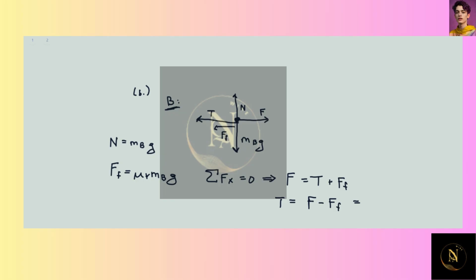Now we can plug in what we found here in part A and what we found here, right here. When we do that, we get mu k M total times g minus mu k MB times g. And this ends up being mu k times the mass of A times g. And that's the answer to part B.